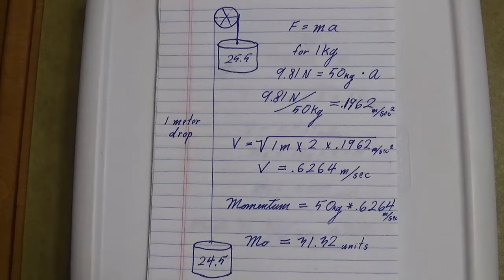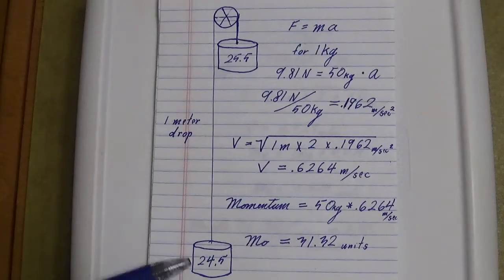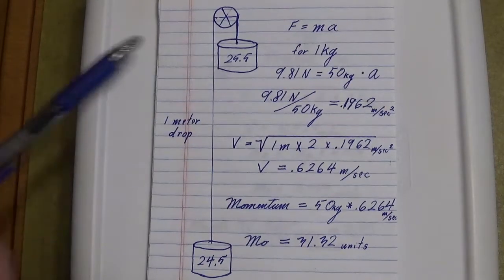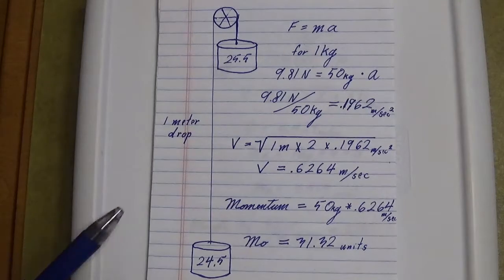Well, an Atwood machine produces very large quantities of momentum. If you have a 50-to-1 Atwood machine, that would be 1 kilogram accelerating 50 kilograms. This top mass is 1 kilogram more massive than the lower mass.